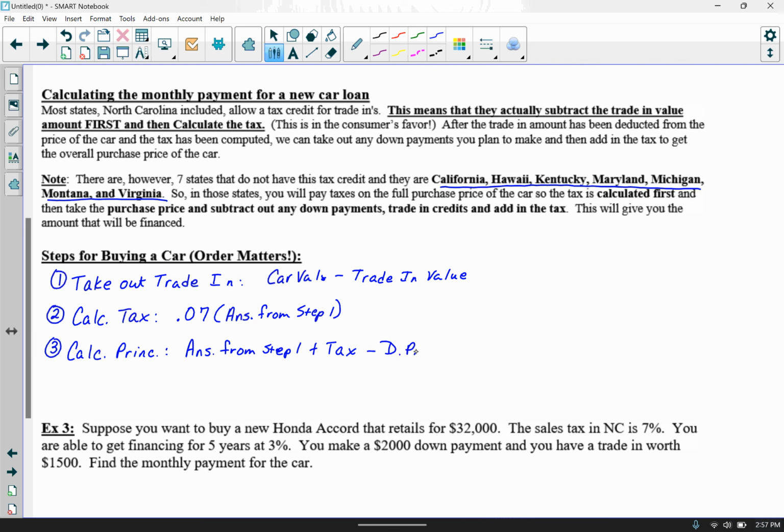I'm going to abbreviate that, DP, for down payment. If you don't have a down payment, you won't have anything to subtract. And then lastly, step 4, the monthly payment formula. You're going to use that monthly payment formula that we used in the last example to figure out what your monthly payment would be on that particular car.